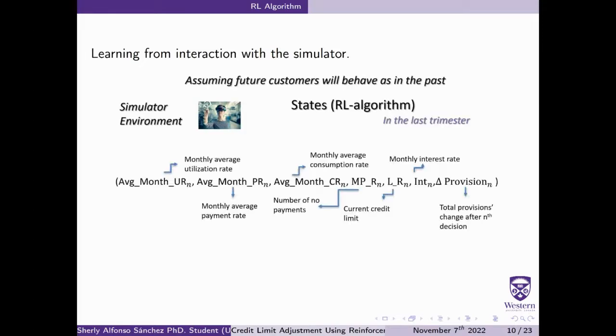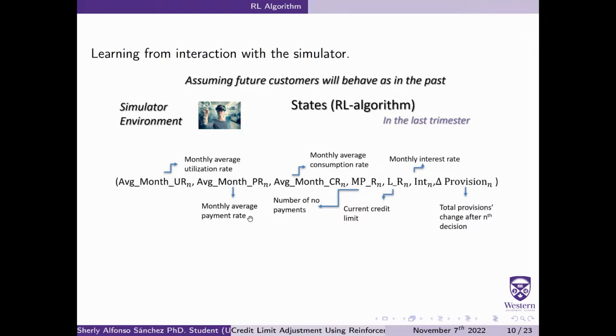After that, like an oral, we are assuming that the customers will behave as in the past. We are learning from that experience, and we construct that simulator. And after that, we define the states of our reinforcement learning algorithm as this tuple, where we have different variables. The first one is the monthly average utilization rate.